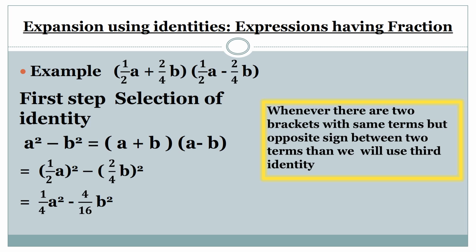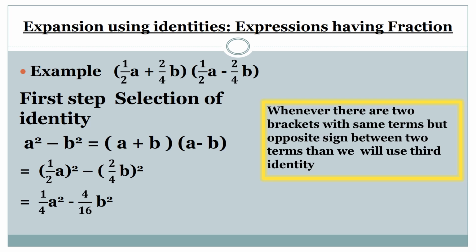Now students, my next example belongs to the third identity, as there is (a plus b) into (a minus b). But I am telling you one thing again, you must remember, whenever we use the third identity, there is a sign difference between the two expressions. When there is 1 by 2a in the first expression, the second expression must have 1 by 2a, and if there is 2 by 4b after the plus sign, the next expression must have 2 by 4b.